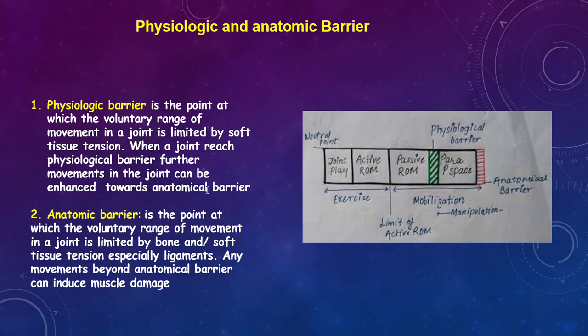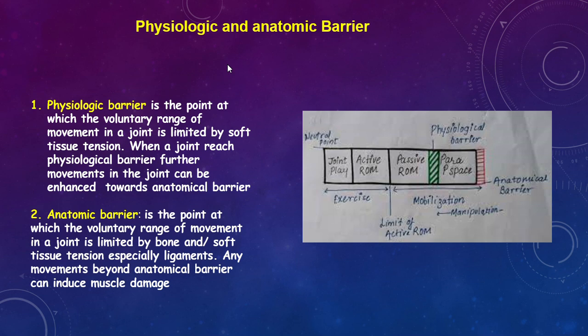Then I also would like to introduce you to the concept of physiologic barrier and anatomic barrier. Now, normally, when you ask a patient to do active range of motion, the patient will be able to move to an extent and then stop. For example, if you ask me to rotate my neck towards my right shoulder, I can only go thus far and stop. What is stopping me?